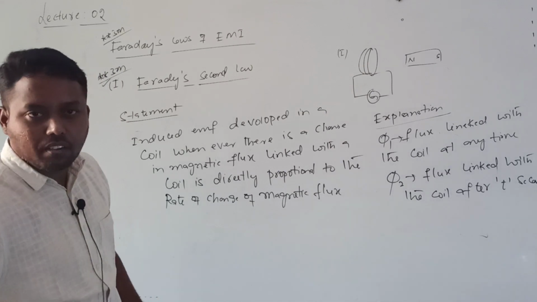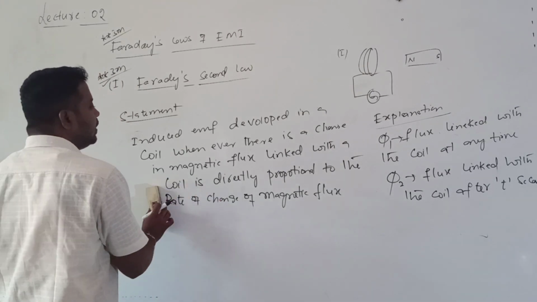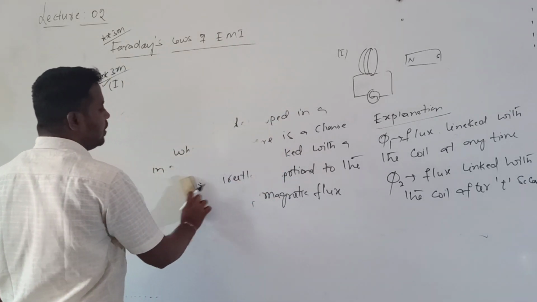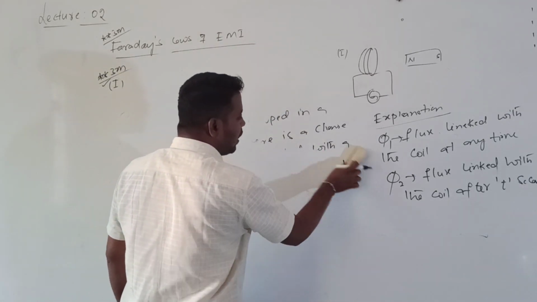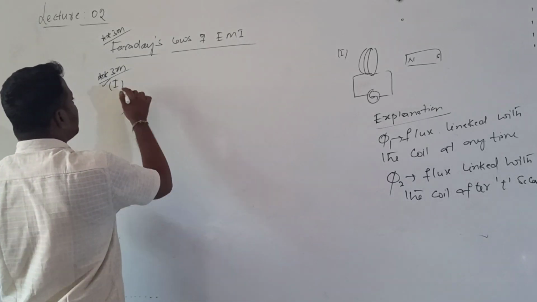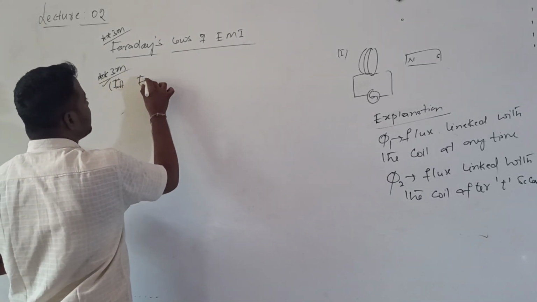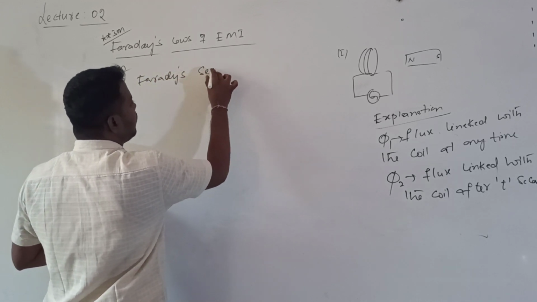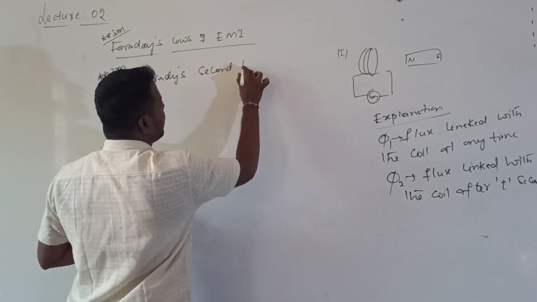Let me consider, when I started the experiment, the initial flux linked with the coil is phi 1, and after t seconds, the final flux is phi 2. This is Faraday's second law explanation.